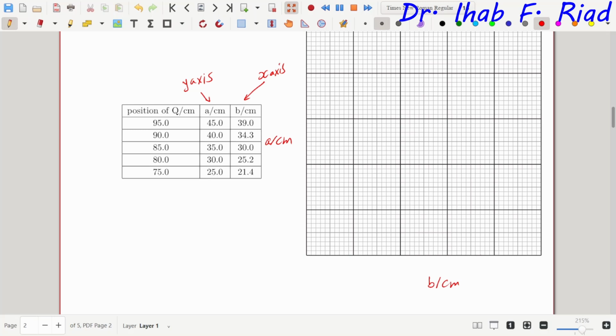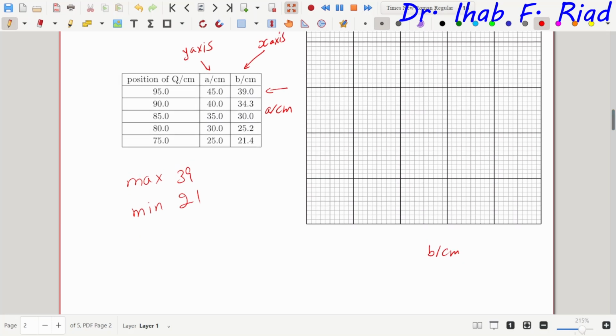We have data points. Maximum is 39, and the minimum is something like 21. Okay. Remember always that in the graph plot, the graph paper is going to look similar to this one. It has 5 squares.